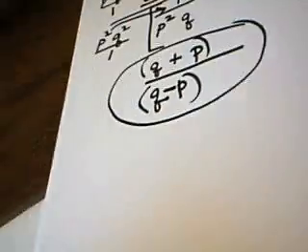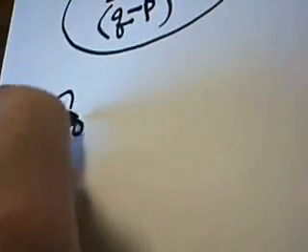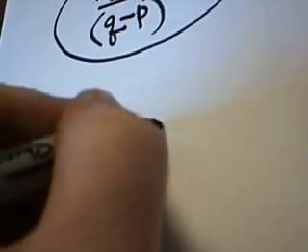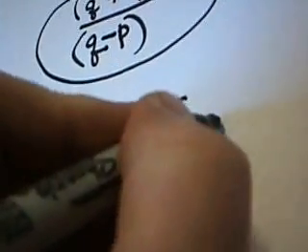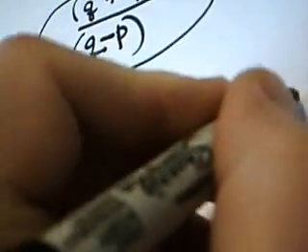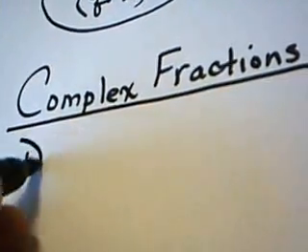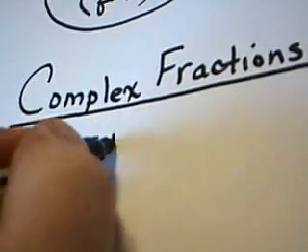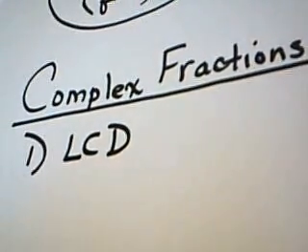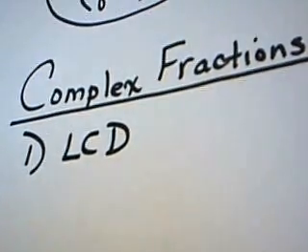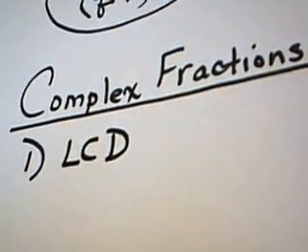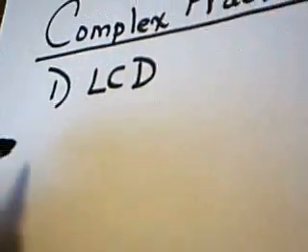So remember this. Anytime you start off with what is called a complex fraction, any kind of complex fraction, this is going to work. What you're going to do first is determine the LCD of the entire fraction, meaning you're going to look at all of the denominators anywhere in the problem.